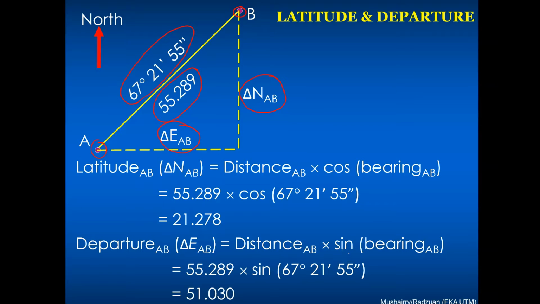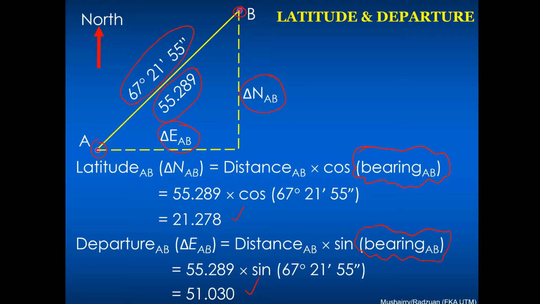But the thing that I want to highlight is you're going to use bearing, not angles anymore. So you're going to use bearing. So in that case, it's 21.278, and for latitude and departure 51.03. So these are the values that we'll be calculating, and those are the values that we're going to correct rather than the distances themselves.